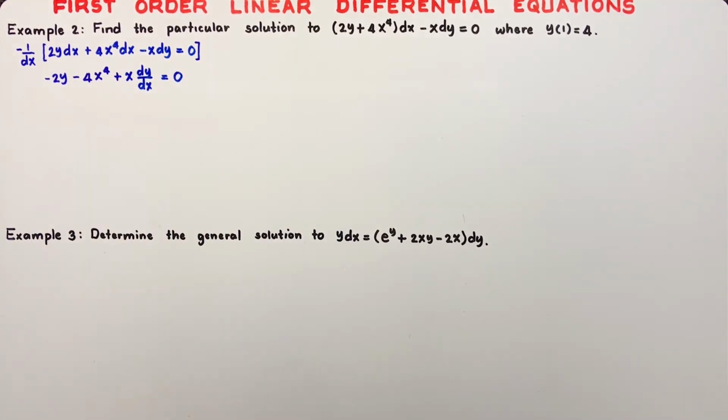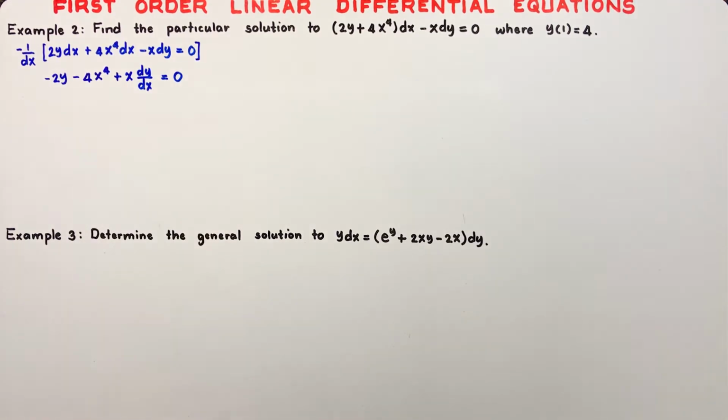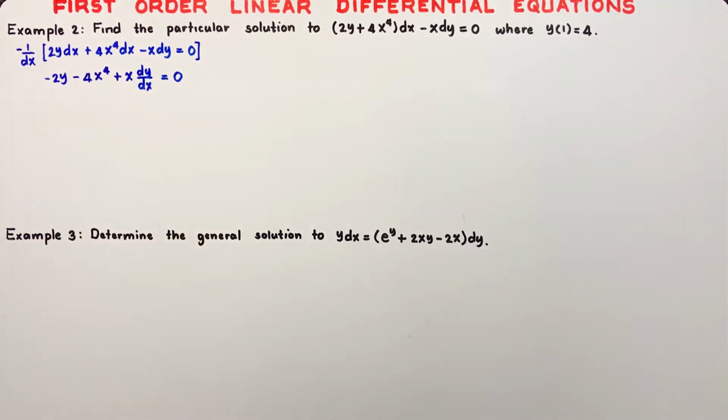And we notice that our dy dx still contains a coefficient of x. So we need to eliminate this x here so that this differential equation can be a standard form of a first order linear differential equation.